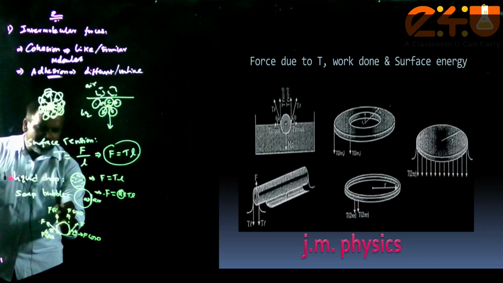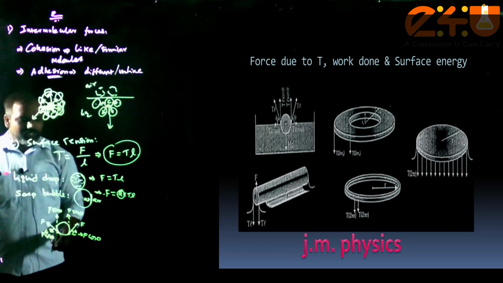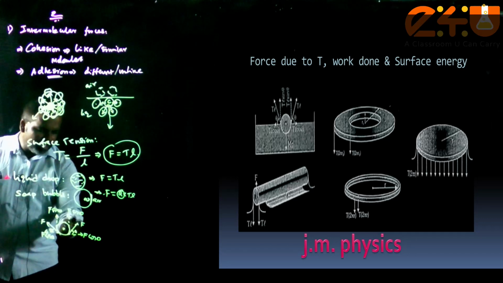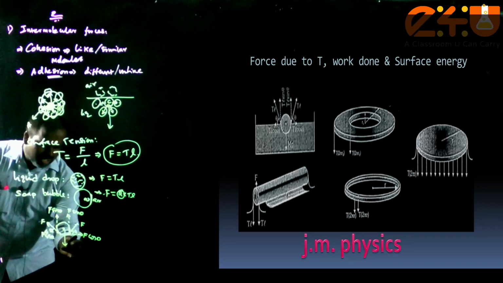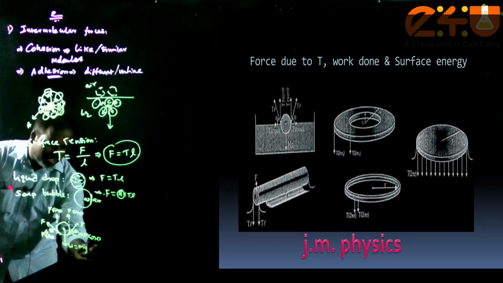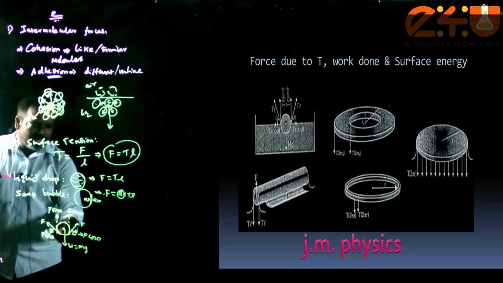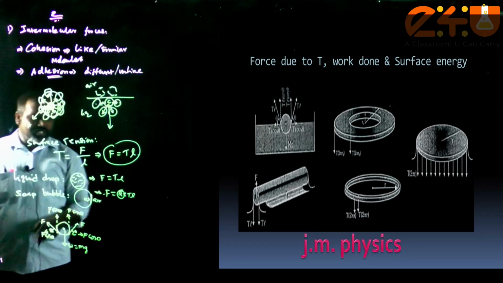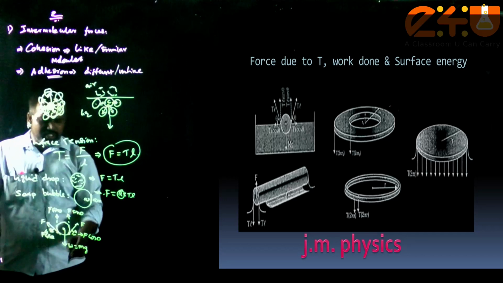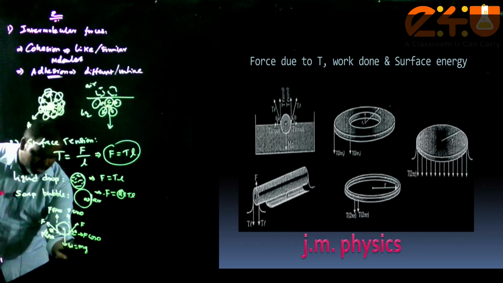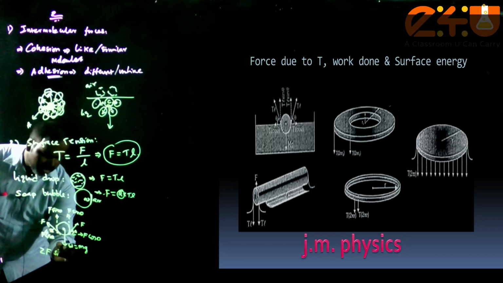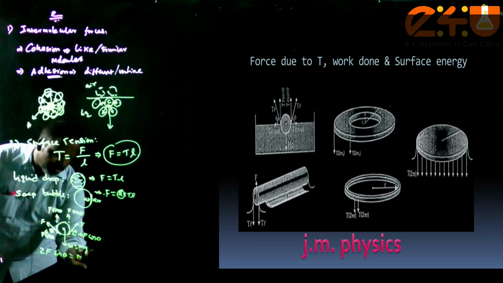But there is a non-zero component along the vertical direction. So the needle is balanced on the surface of the water as follows: the weight of the needle, W equals mg, acts downward, whereas the component of the surface tension force, F sin theta, acts upward and balances it. Therefore, 2F sin theta equals mg.